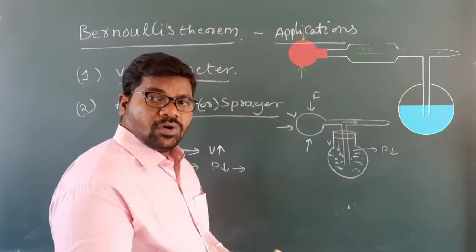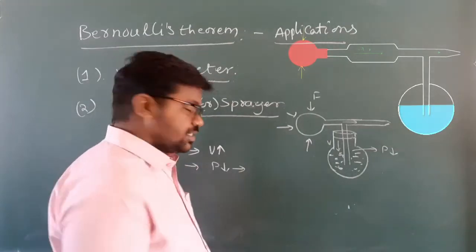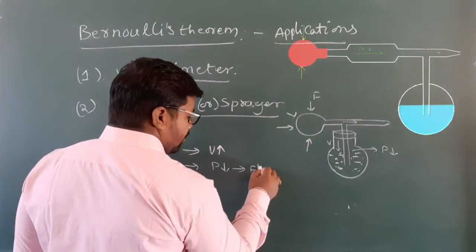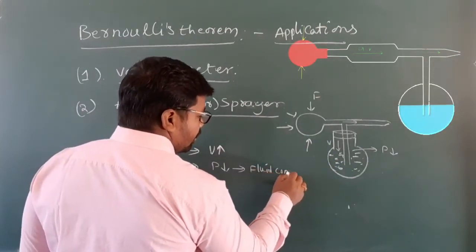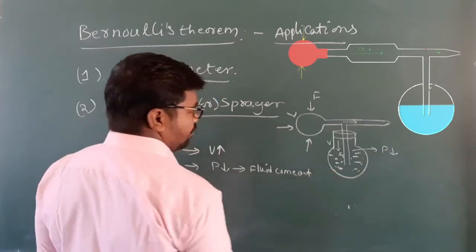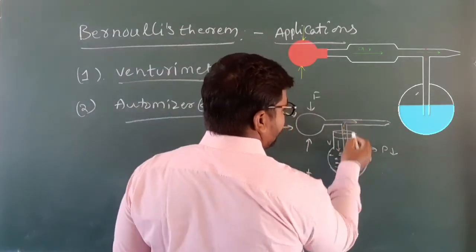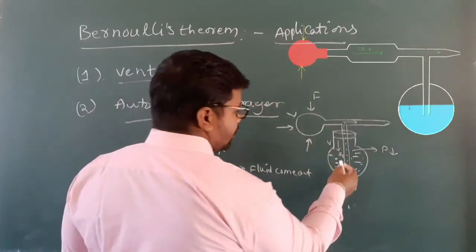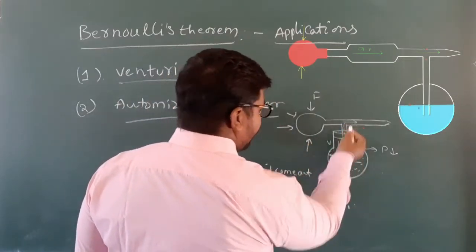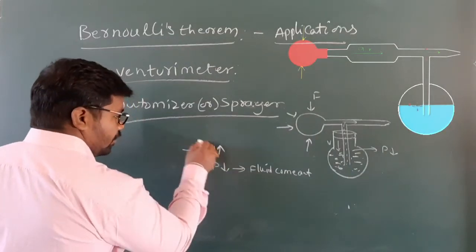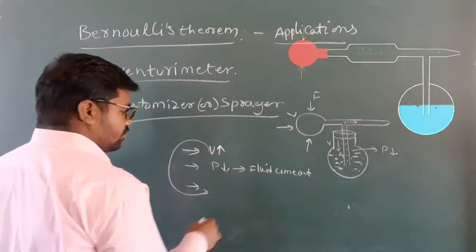Due to low pressure, the liquid, the fluid comes out. Understand? So when the fluid comes out from the lower end to the upper end, the particles move faster.